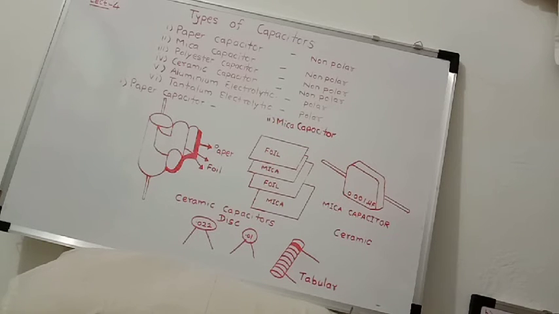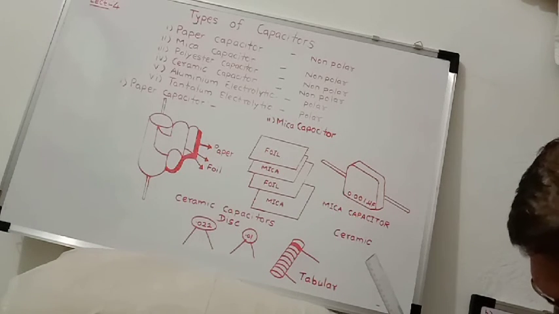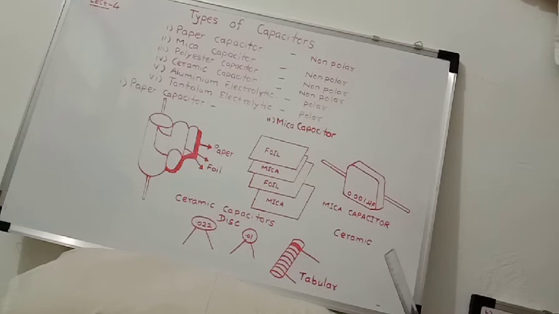Okay, with the extremely thin oxide film as the dielectric, very large capacitance values can be obtained. So in most cases, the negative plate is directly connected to the container of the capacitor.